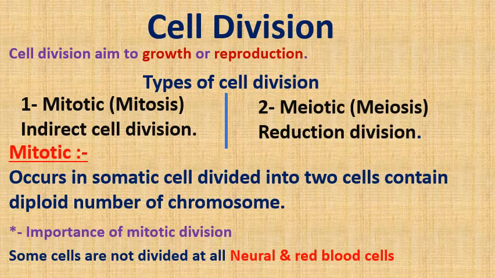Okay? Some cells are not divided. Pay attention. This is a very important note. Some cells are not divided at all, such as neural, which is nerve cell, and red blood cells. These cells inside your body are not divided at all. Okay?